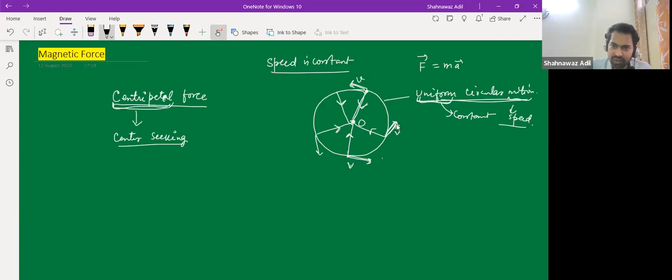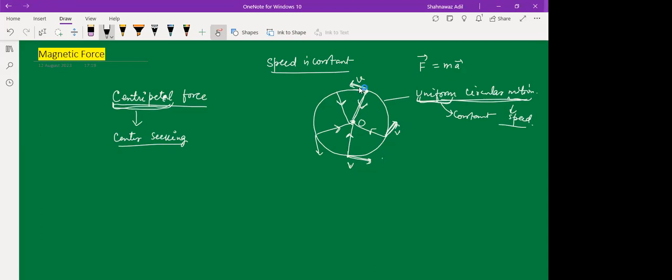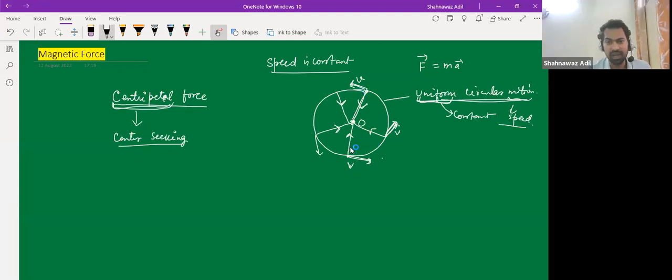So they are not equal vectors, correct, guys? Yes, sir. But the magnitude of the velocity at each point is constant, is the same. So that is why we say that the motion is uniform.